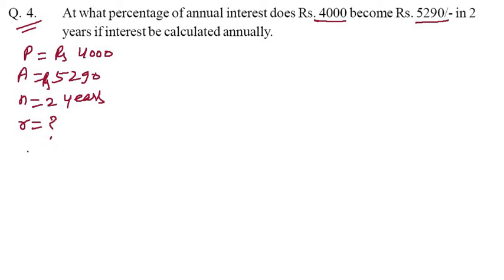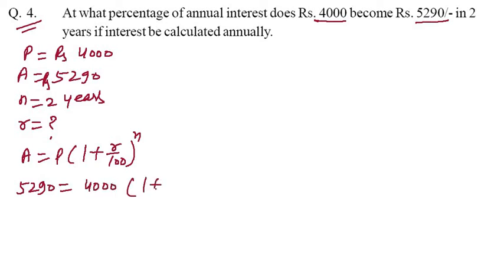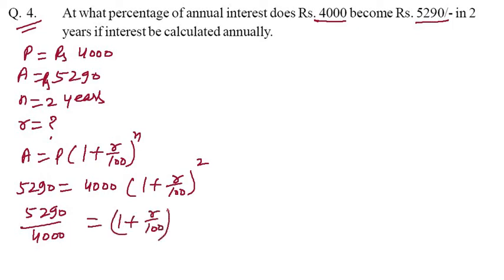Now we can apply the formula. Amount will be equal to P into 1 plus R upon 100 to the power N. So amount is given as 5290 and principal is given as 4000, and 1 plus R upon 100, we don't know R, and whole power N is 2. Now 5290 divided by 4000 is equal to 1 plus R upon 100 to the power 2.